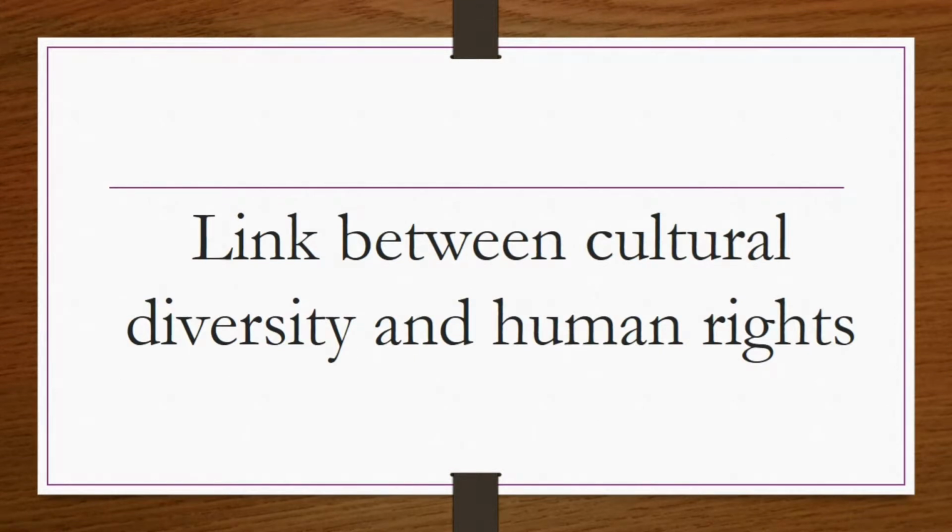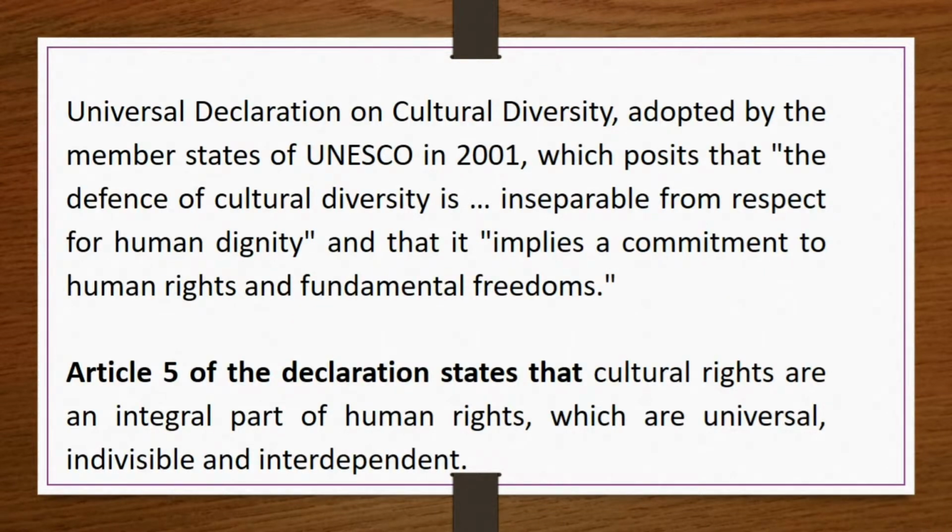So what is the link between cultural diversity and human rights? This link has been established by the Universal Declaration on Cultural Diversity, and it states that the defense of cultural diversity is inseparable from respect for human dignity, and that it implies a commitment to human rights and fundamental freedoms.